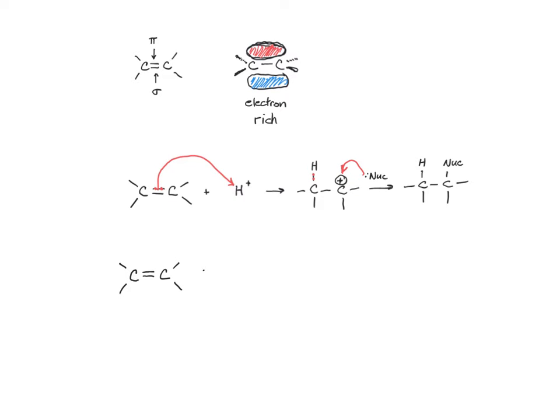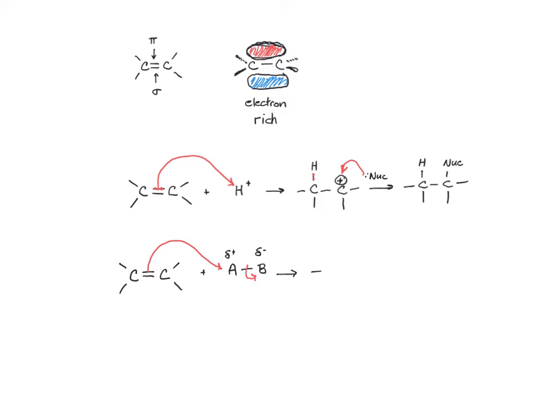What if instead of that we had that alkene reacting with a molecule that had a part that was a little bit positively charged and a part that is a little bit negatively charged? Okay, because if we had that arrangement, then the electrons from the pi bond would attack the more positive side of the molecule, and that would break the bond between the positive side and the negative side there.